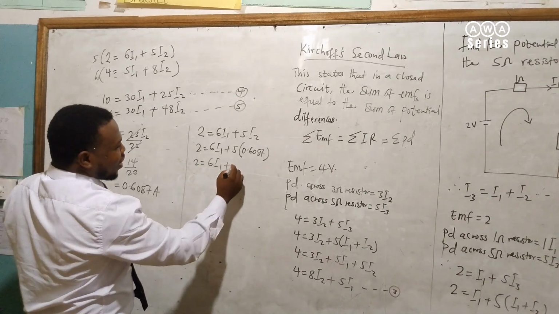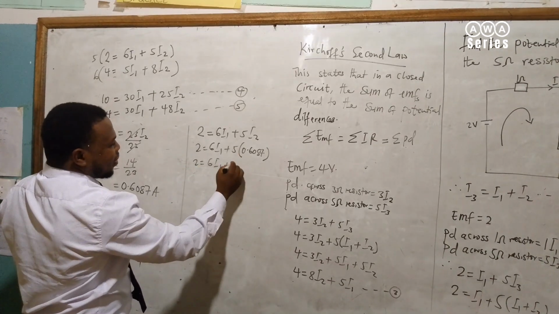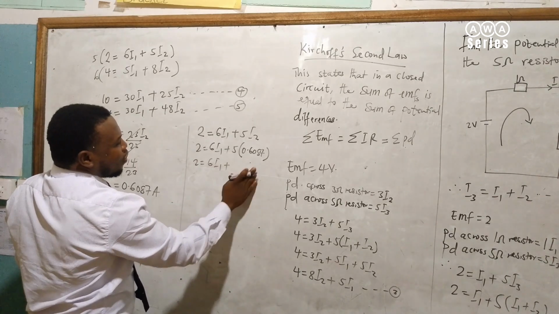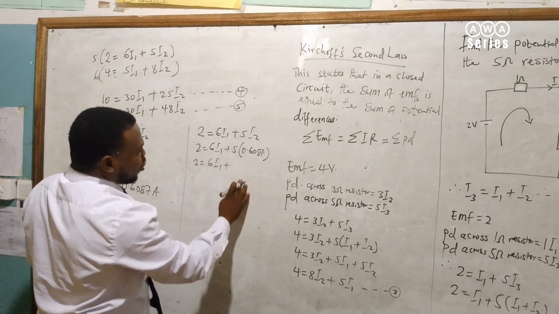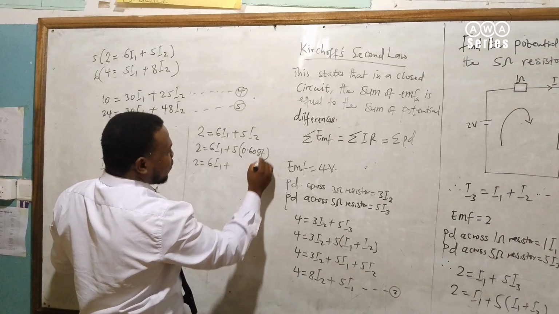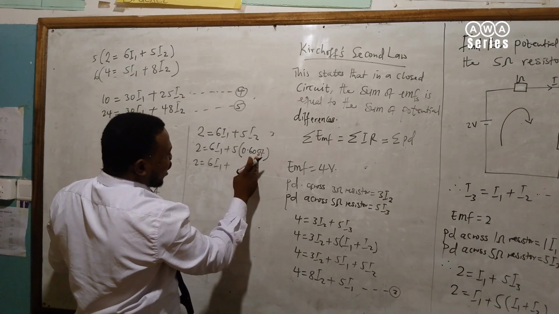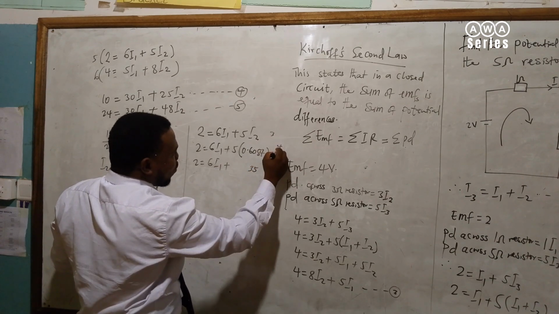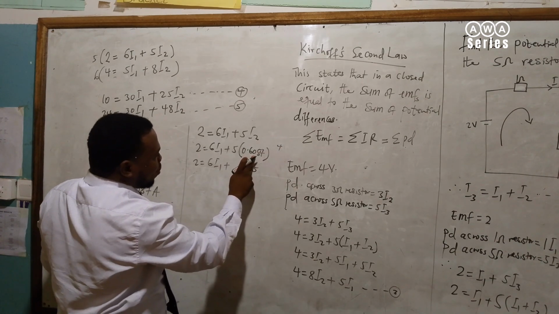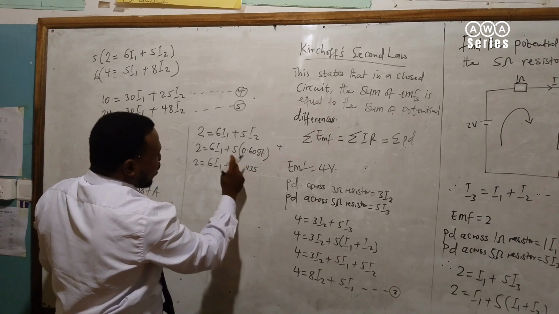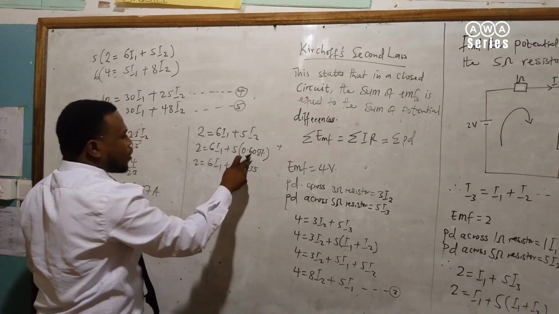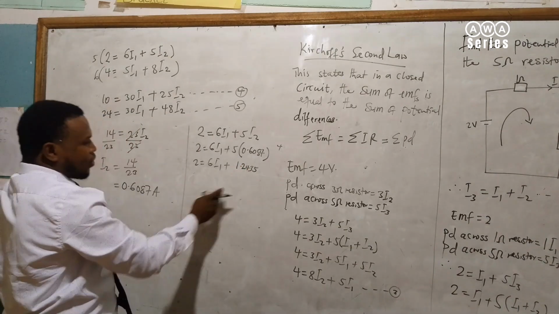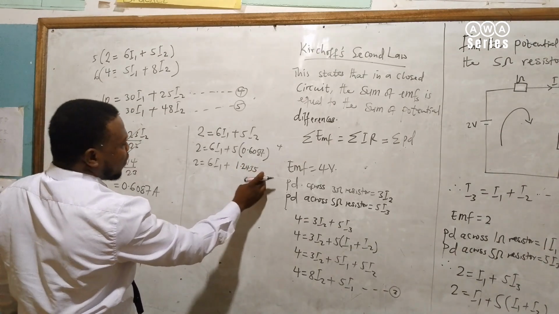If you multiply 5 by 7, you will get 35, that gives us 5 remainder 3. 5 times 8 is 40, so 40 plus 3 is 43, 3 remainder 4. 5 times 0, 0 plus 4, you have 4. 5 times 6 is 30, so that gives us 3.0435.